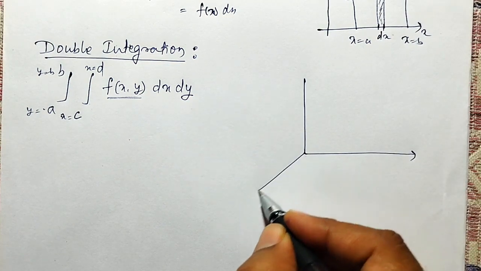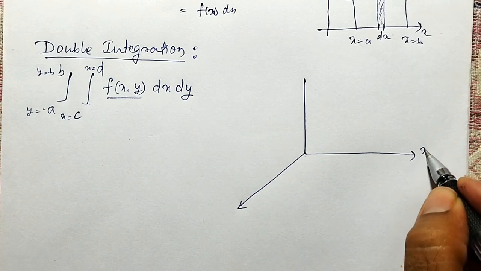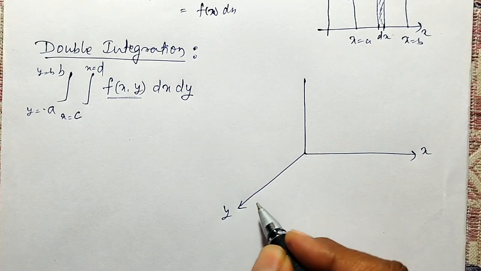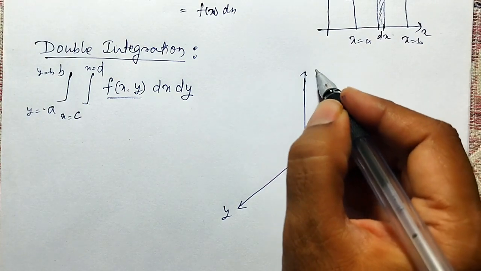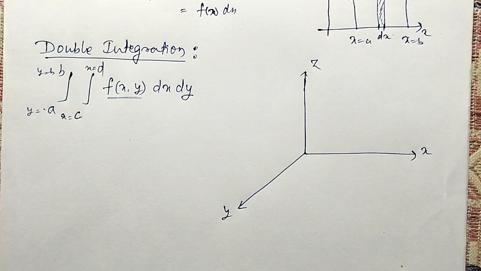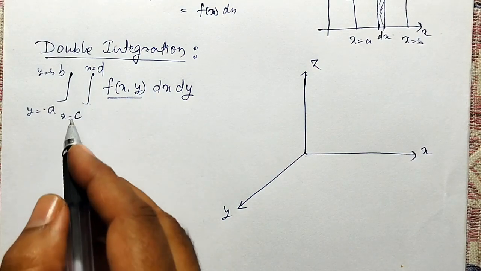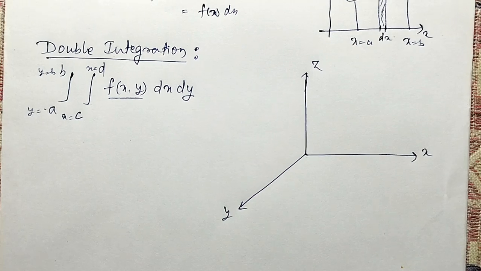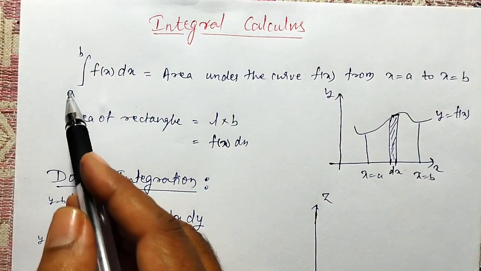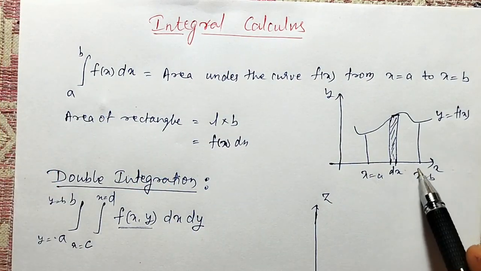Let me represent this one as the x-axis and this one as the y-axis, and this is my z-axis. Okay. Now, I will consider these limits. What they are going to represent, as previously I have taken x equal to a to x equal to b here, straight lines.